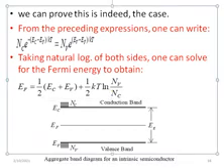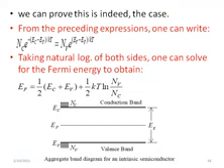Okay, and if we want to prove this, we can just assume that in the intrinsic case, the concentration of holes is equal to the concentration of what? Electrons. So we can say n is equal to p. If you do that, we are equating these two. This is for the small n and this is for the small p. So if you take the natural log of both sides, the natural log of this will end up giving you log NC plus log of this.